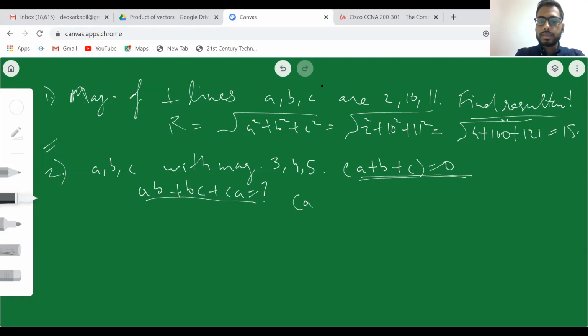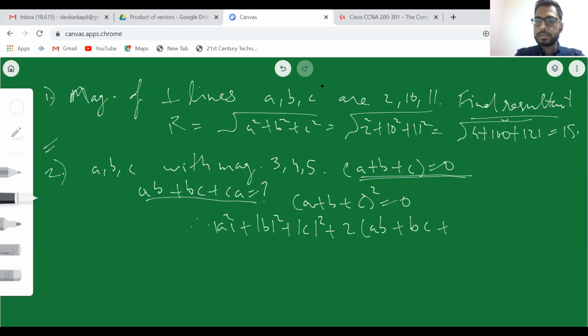So if I square a plus b plus c, I get this square is equal to 0 square, which is 0. Applying my formula, magnitude of a square plus magnitude of b square plus magnitude of c square plus 2 times, in the bracket, a dot b, b dot c and c dot a. Magnitude of a is given 3, so 3 square is 9.